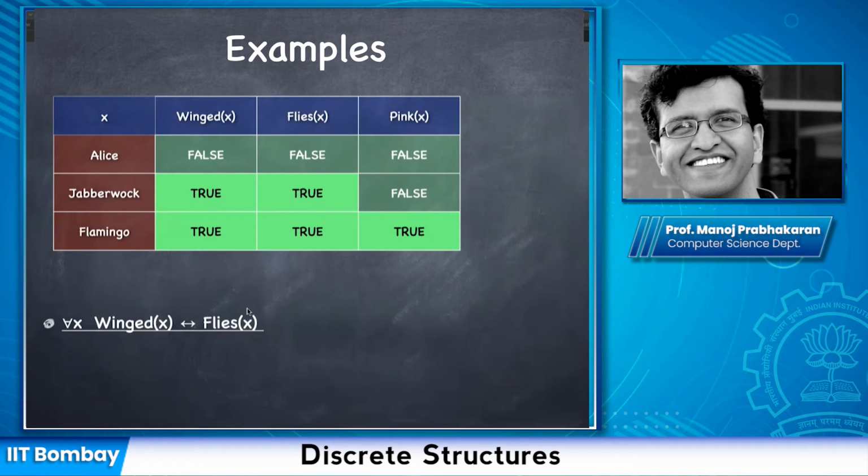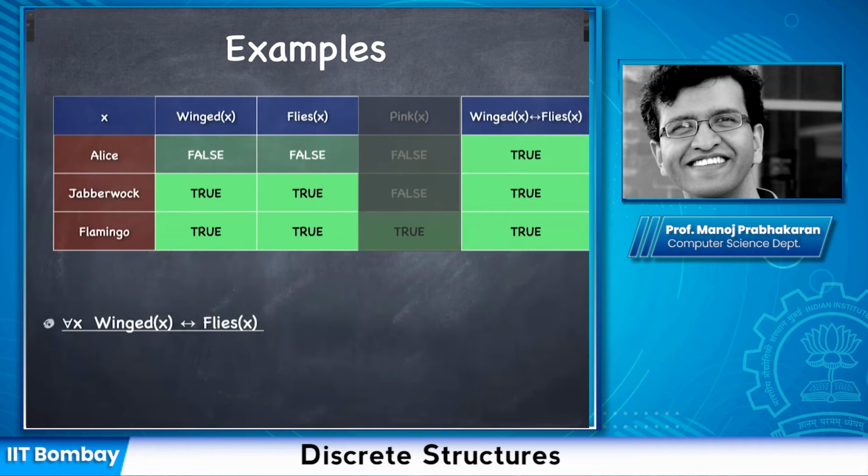For each value of x in the domain, this evaluates to something. So it assigns a true or false value to each element in the domain. So here is my new column, new predicate. I'm just calling it winged x if and only if flies x. You could use a different name so that x doesn't appear twice in that heading. But this is what it is, right?